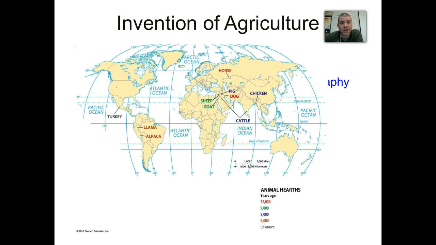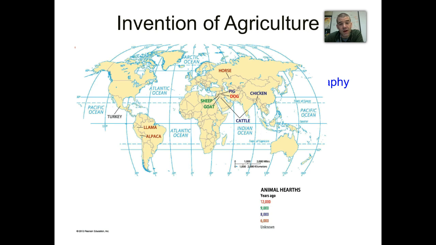So, as we look at that invention of agriculture, we also need to consider where the majority of domesticated animals came from. Given the incredible variety in the animal kingdom, what's amazing is there are only a few actual animals that can be domesticated, and human societies have tried significantly over time to domesticate various animals.